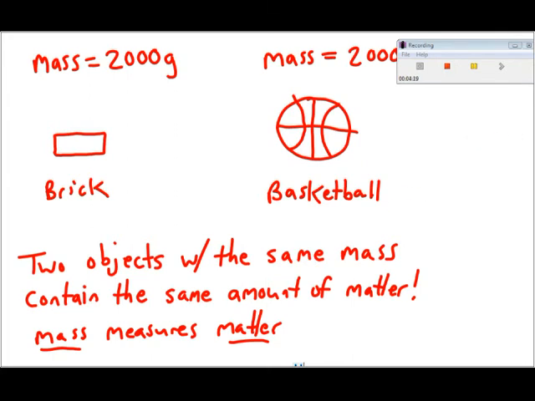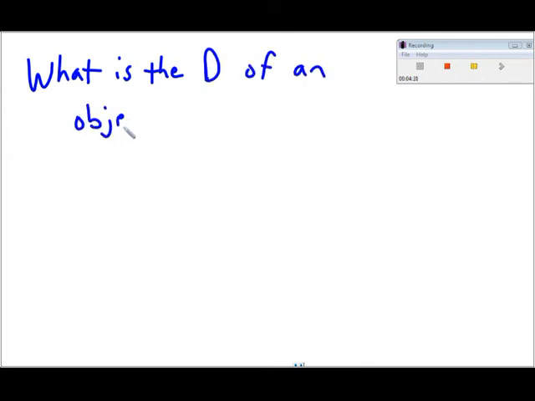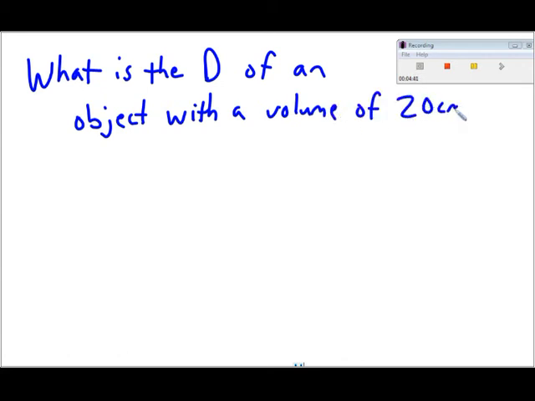Then let's do a sample calculation here. What's the density of an object with a volume of 20 cubic centimeters and a mass of 100 grams?